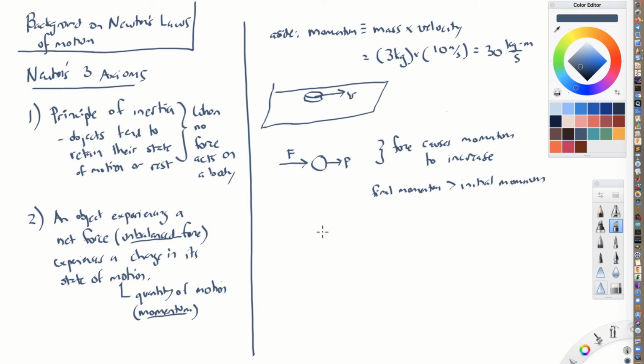Okay, well, alternatively, that would be kind of case 1. Alternatively, if its momentum is going this way and we hit it in the front with this force, like this, what's going to happen? Well, its momentum is going to decrease. So in this case, if the force is in the opposite direction of the momentum, the force is going to cause the momentum to decrease.